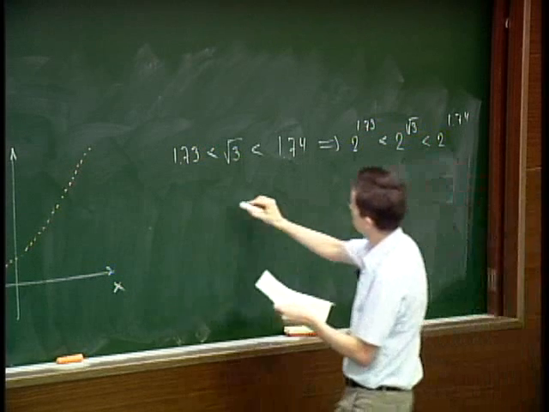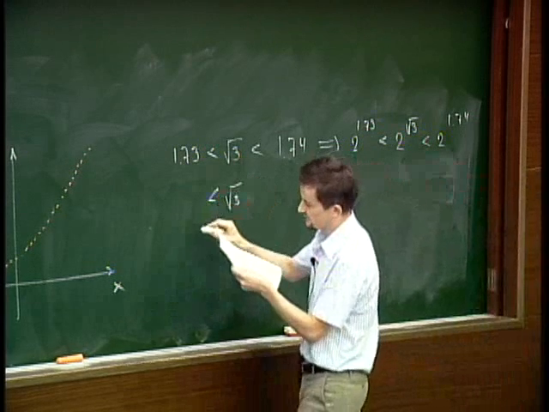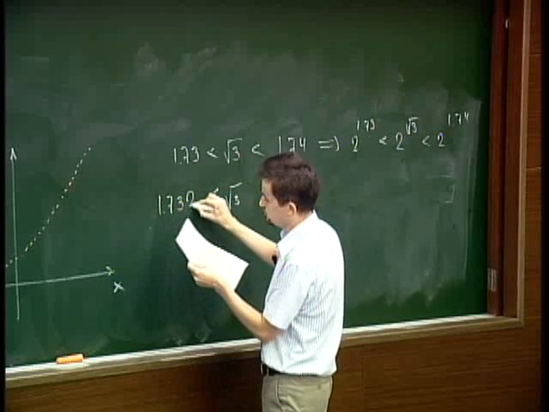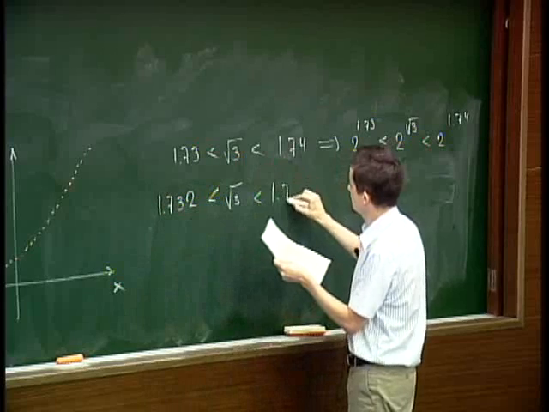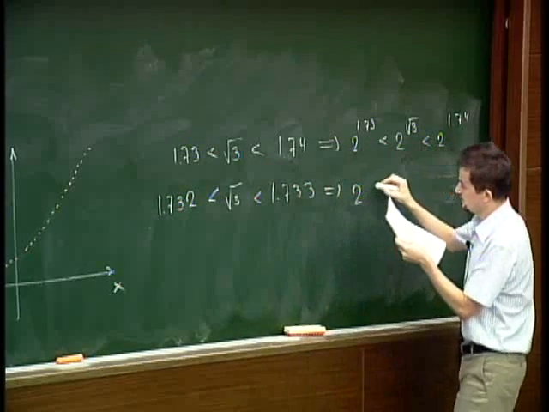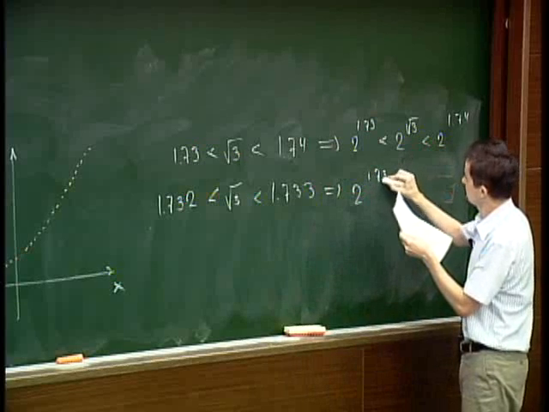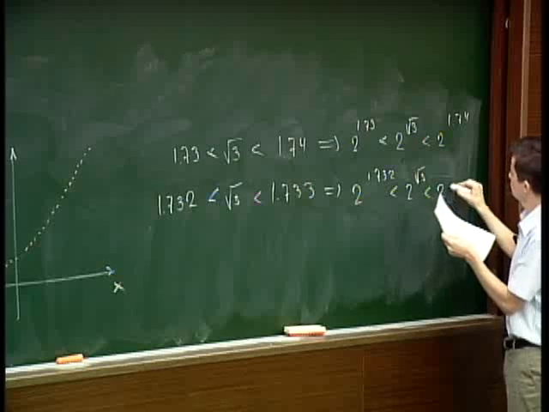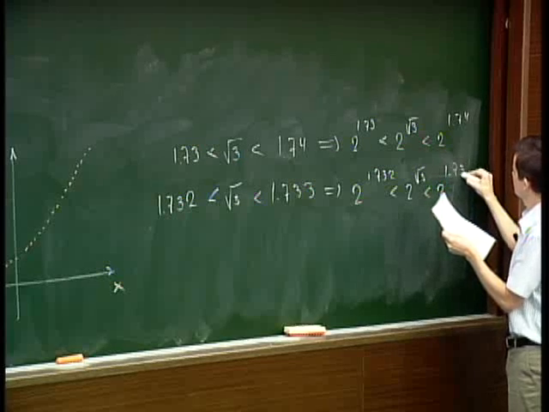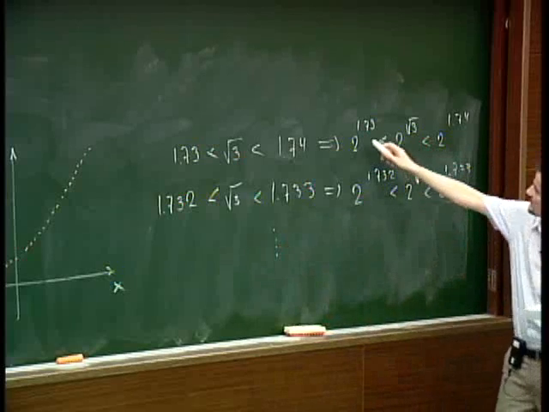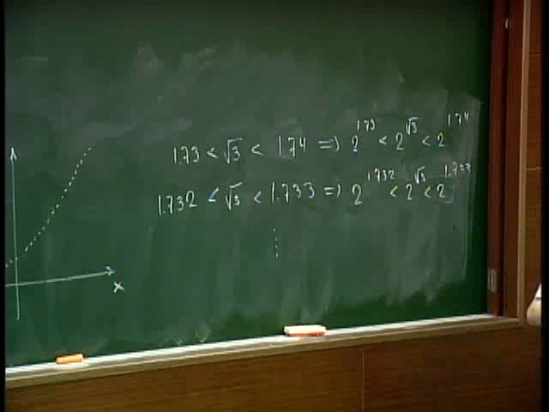So if we go on like this, if we add one more digit, 1.732 and smaller than 1.733, then you get 2 to the 1.732, smaller than 2 to the square root of 3, smaller than 2 to the 1.733, and you go on like this. You will find out that this sequence of numbers is getting larger and larger. This sequence of numbers is getting smaller and smaller.